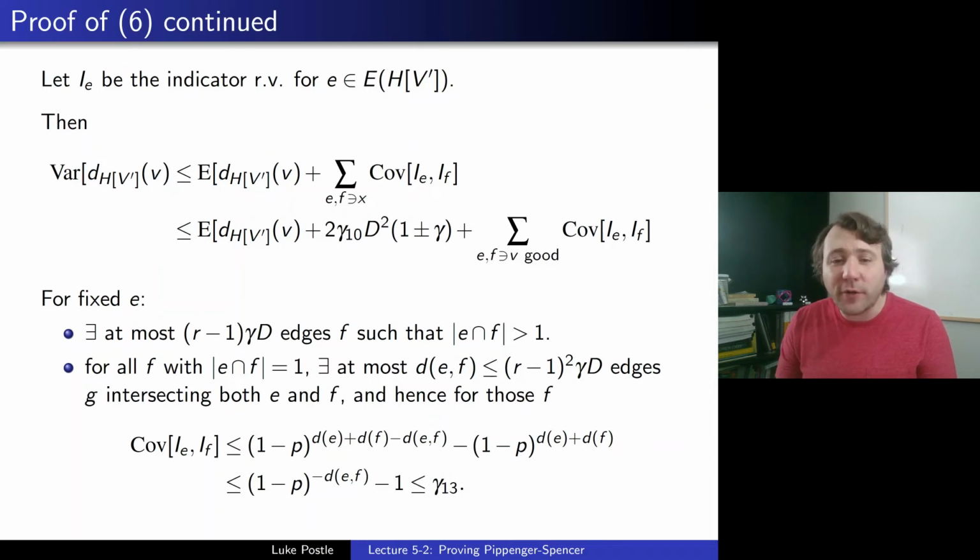And again, the co-degree is quite small, and p is, again, epsilon over d. The co-degree is roughly, some factor, well, r minus 1 squared of gamma times d. So again, we'll get this to be roughly e to the epsilon gamma, but minus 1, so that's some function again of gamma, which we'll call gamma 13.